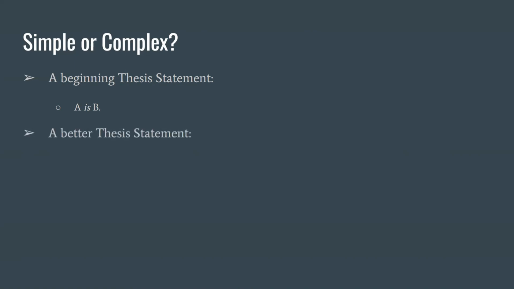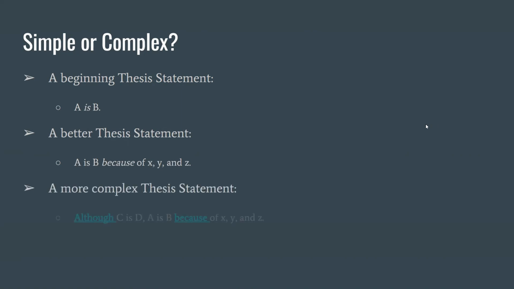Well, a better thesis statement would read A is B because X, Y, and Z. Now you're giving reasons why your subjects are what they are. A more complex thesis statement: although C is D, A is B because X, Y, and Z, where you're giving a lot more detail while still being succinct and letting the reader know exactly what your stance is.